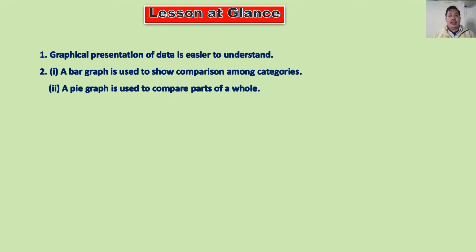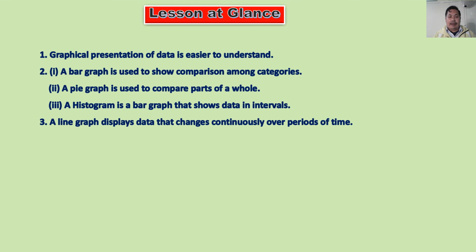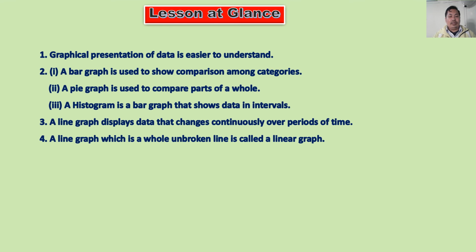Then a pie chart is used to compare the parts of a whole. Then a histogram is a bar graph that shows data in intervals, which you have to keep in mind. And next, a line graph displays data that changes usually over periods of time. Then a line graph which is a whole unbroken line is called a linear graph. So when you talk about a linear graph, it should be an unbroken straight line.